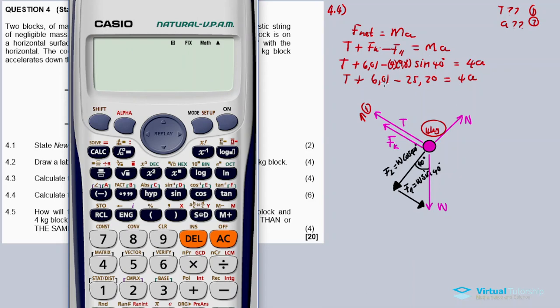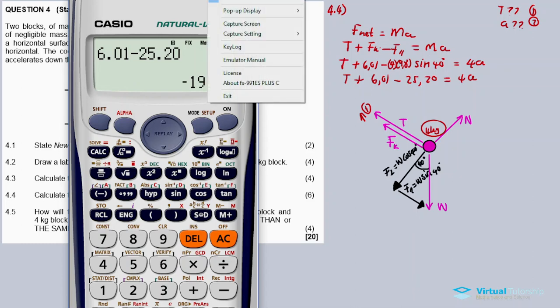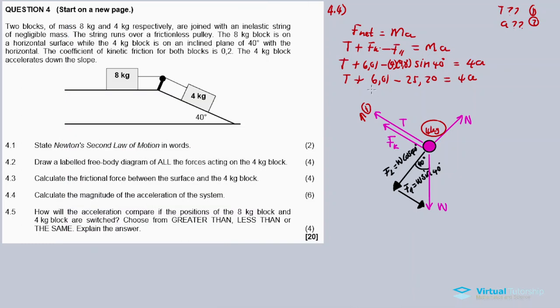Therefore, these are like terms. We get 6.01 minus 25.20 equal to minus 19.19. So T minus 19.19 equal to 4a. This is our equation 1.